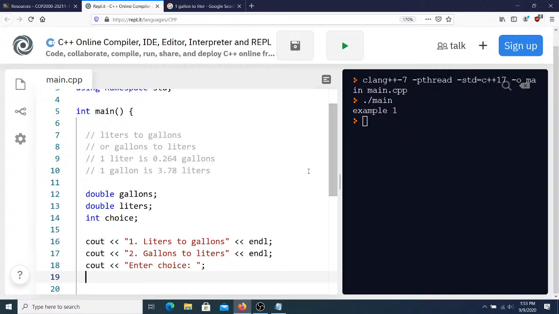So this is a simple menu. We ask them to enter the choice. Don't forget some of the first and second week stuff that we've done. Remember endl, how it works? If I'm asking them to enter something, it might be a good idea to leave off the endl, because in my opinion, it's probably good to keep the cursor on the same line. But don't get caught up in some of these basic things.